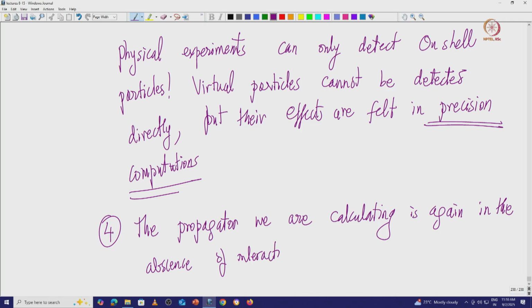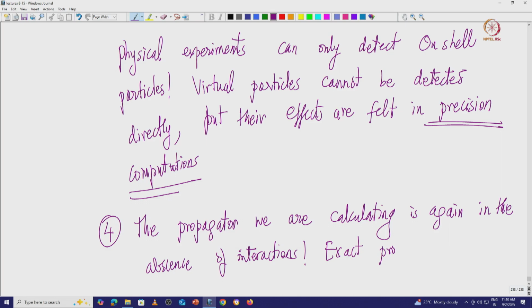We are putting a delta function source, but we are not actually including the interactions in the equations of motion. Essentially you are taking a free particle equation, putting a delta function source and solving it. So the propagator we are calculating is again in the absence of interactions. That means an exact propagator is very difficult to calculate.